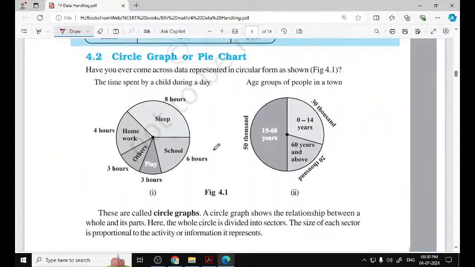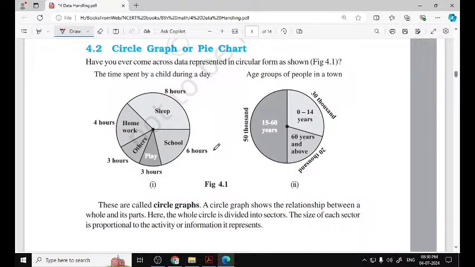Now there is one more type of graph and that is called a circle graph, or it is commonly called a pie chart. All the information is represented in the circle. Now this is about time spent by a child in various activities: sleep, homework, school, play and others.